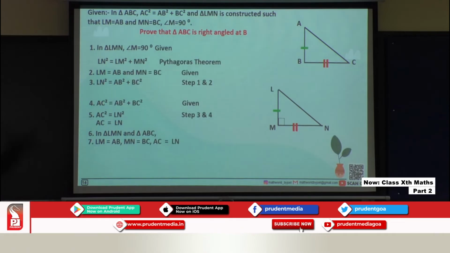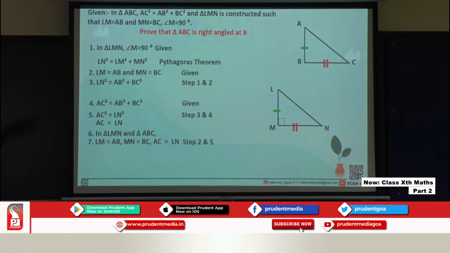So, from step 2 and 5, those two sides were equal, and in step 6 we have proved that the other side, AC, is equal to LN. So, I can write that all these sides are equal.